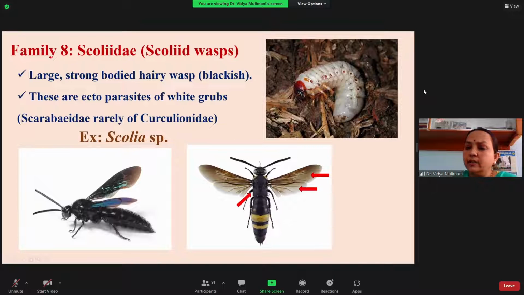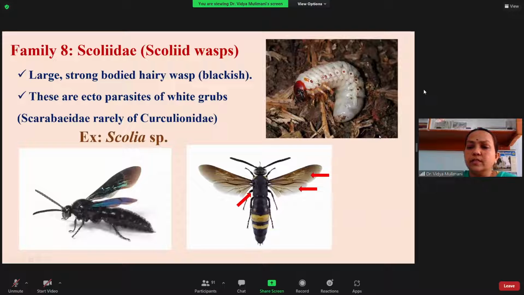And here the metathorax is fused with the first abdominal segment and it forms a prominent plate. That is one character. So remember the wing character and the metathorax fusing with the first segment and forming a prominent plate. Then what is it? It is attacking the larvae of the root grub.